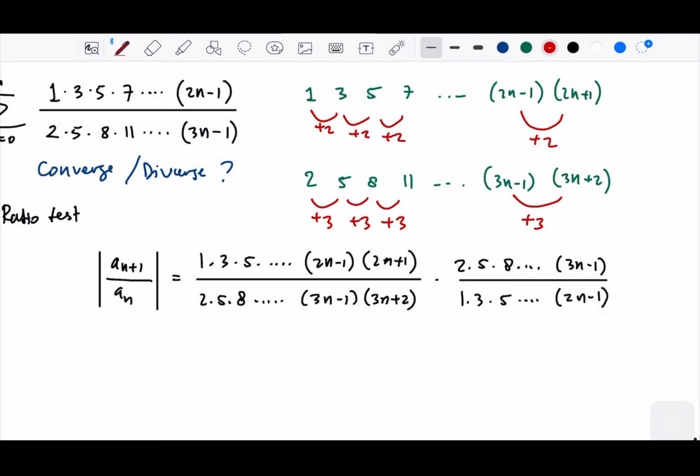So of course, this is going to cancel. So by the ratio test, it's 2 over 3, which is less than 1, converge.